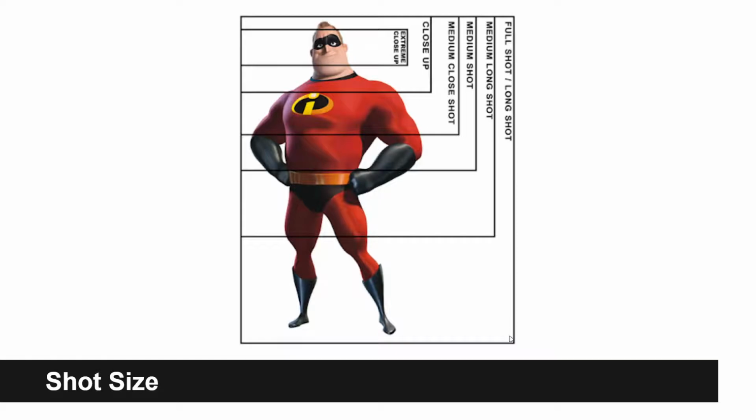So a full shot has the whole character. Medium long shot cuts them off around the legs. Medium shot cuts them off around the waist, and then medium close and close up start cutting into their chest. A close up is where we start to frame their head, and an extreme close up is where we're looking at pretty much just their eyes and a few facial features.